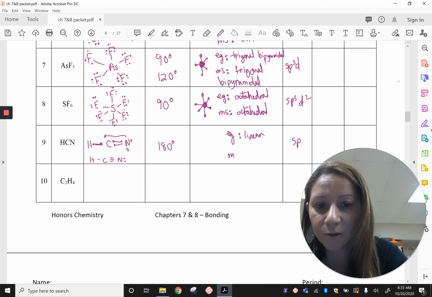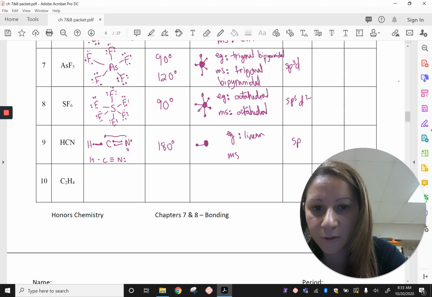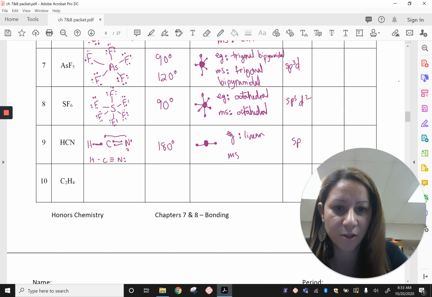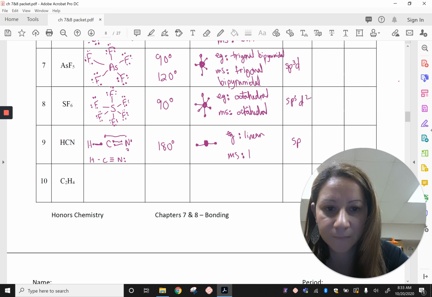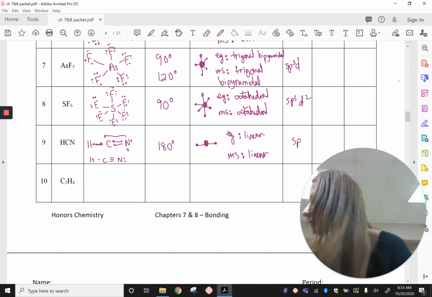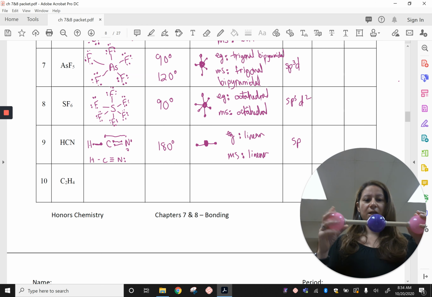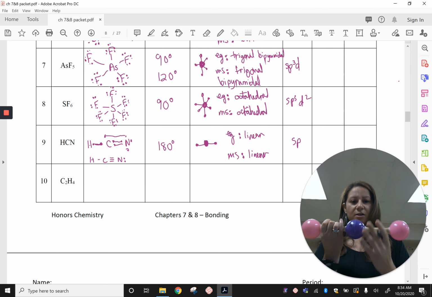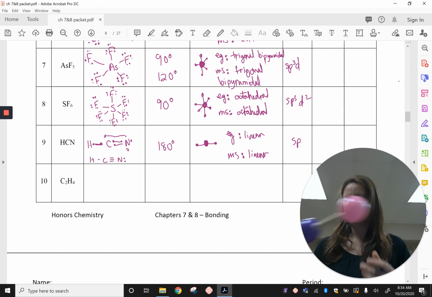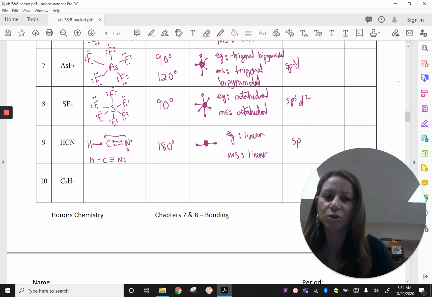My molecular shape is also going to be linear, since you have all your electrons in bonds. And so it's going to look like my linear shape right here. It doesn't matter that one of them is a single bond and the other one is a triple bond, it's still linear.